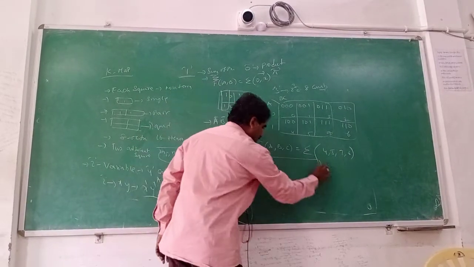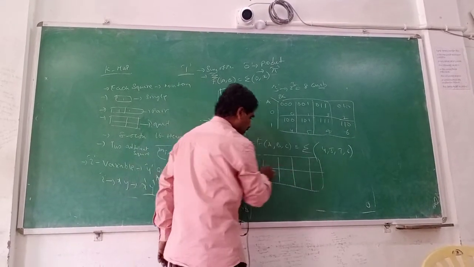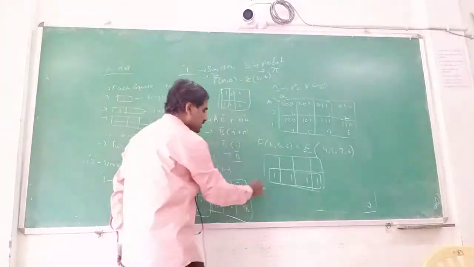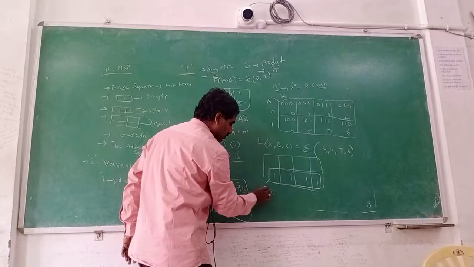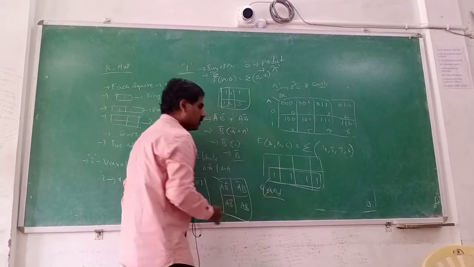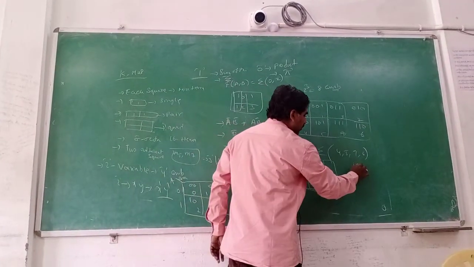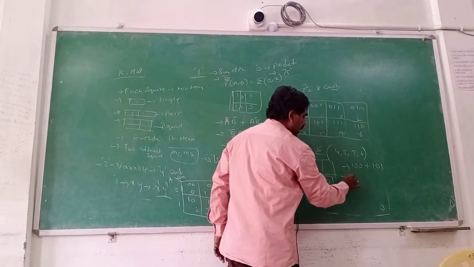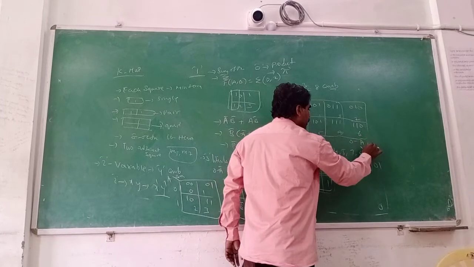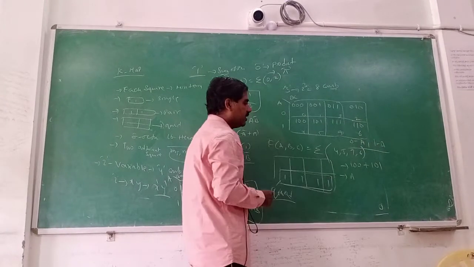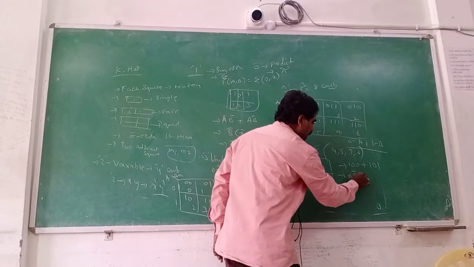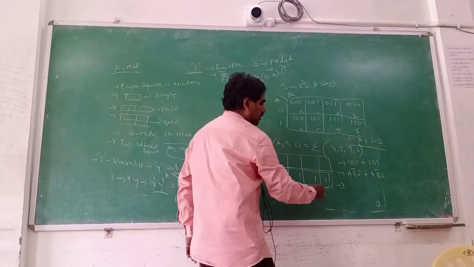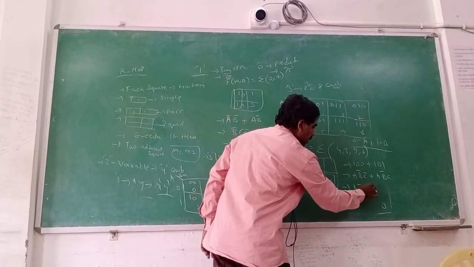Four ones means a quad. First write the numbers 100 plus 101. Simply write A: 0 means complement, 1 means uncomplement. That is A B bar C bar, A B bar C. In this, A B bar times C bar plus C, we can write as A B bar.